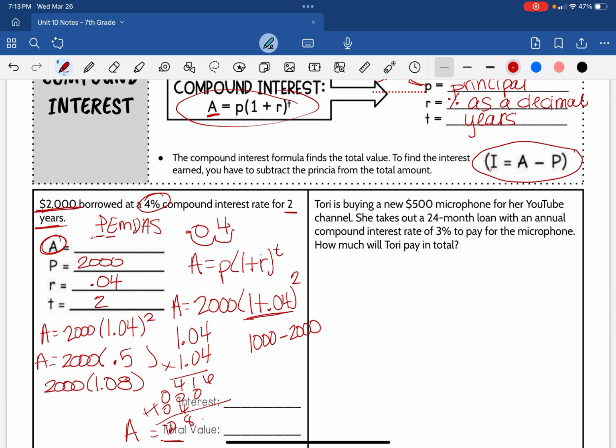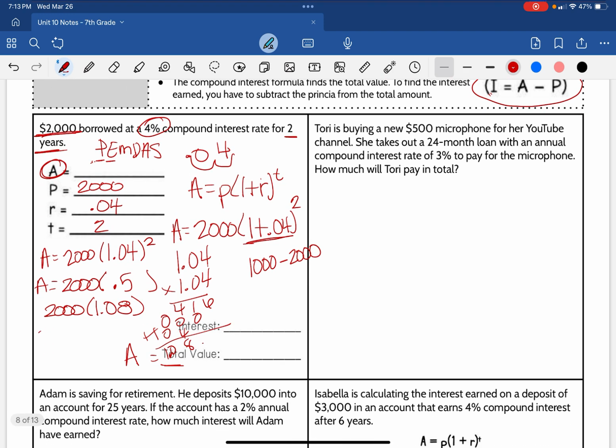So, let me move this up. 2,000 times 1.08 plus 0.000612.